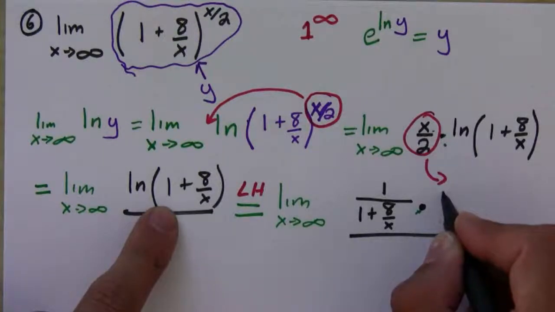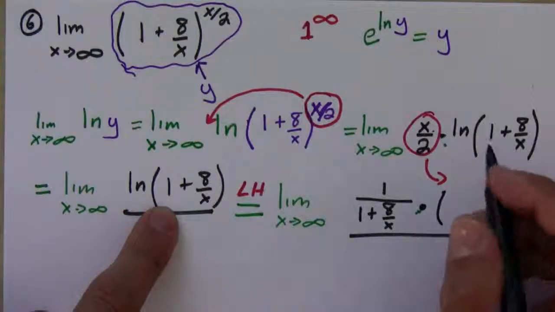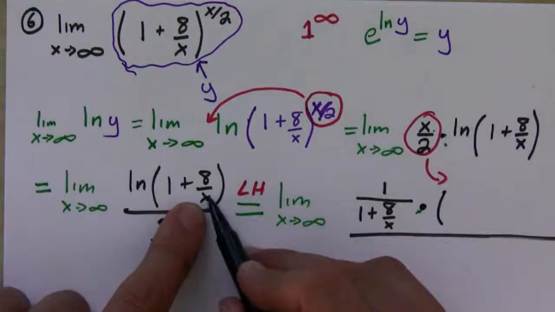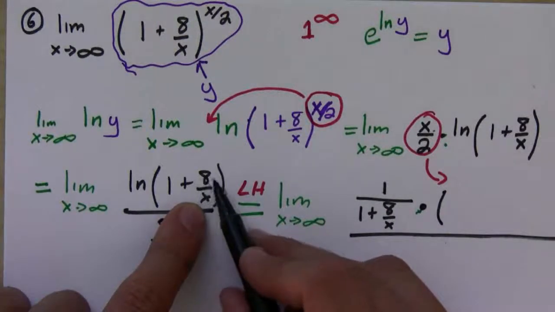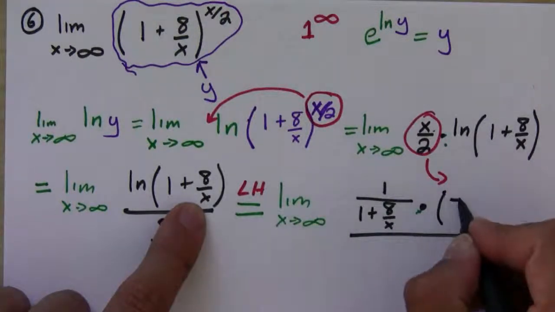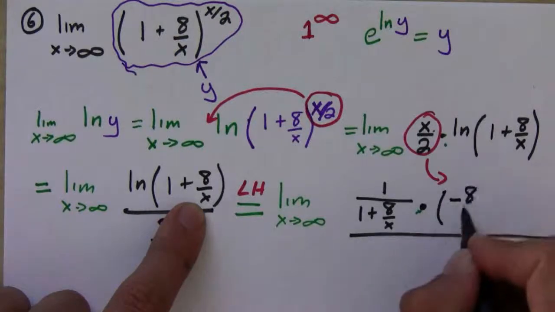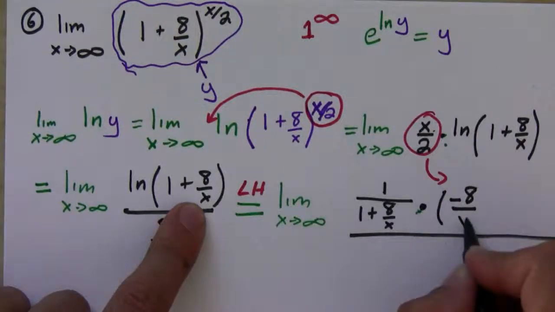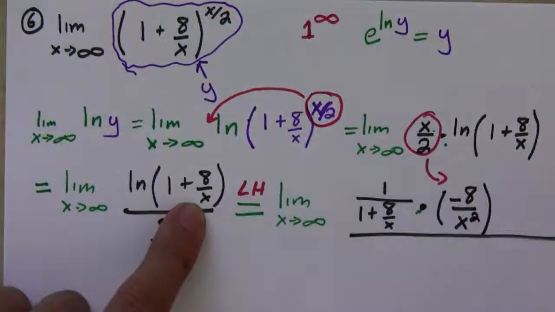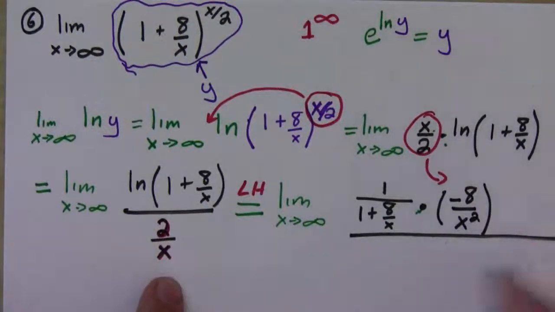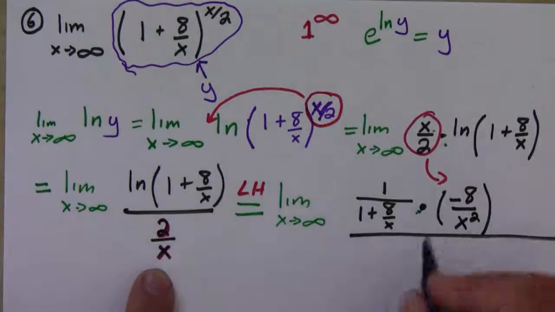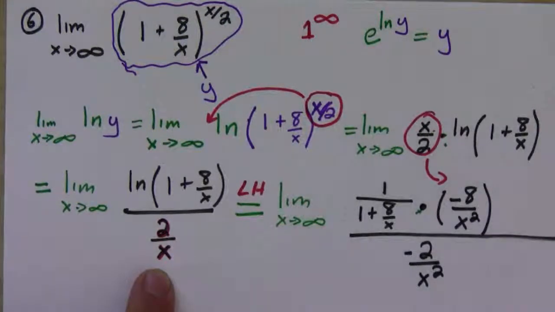The derivative of the inside is simply, if you bring the x to the top, 8x to the negative 1. So this is going to be negative 8 over x squared. And then the derivative of the bottom is going to be negative 2 over x squared.